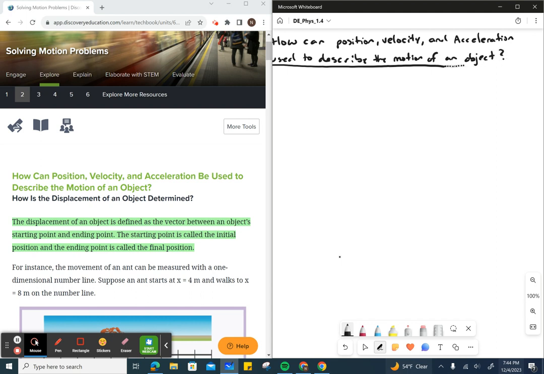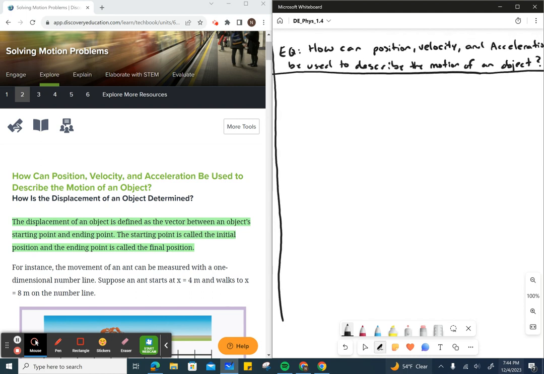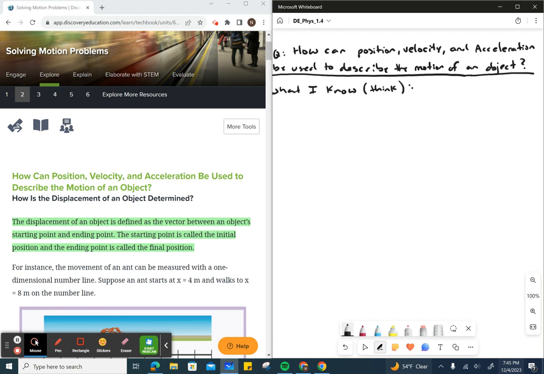Okay, so why don't you tell me what you know and trust in yourself. You probably know a little bit more than you give yourself credit for here. What I know or think. Okay. When we're describing an object that's moving, we can talk about its position, right?